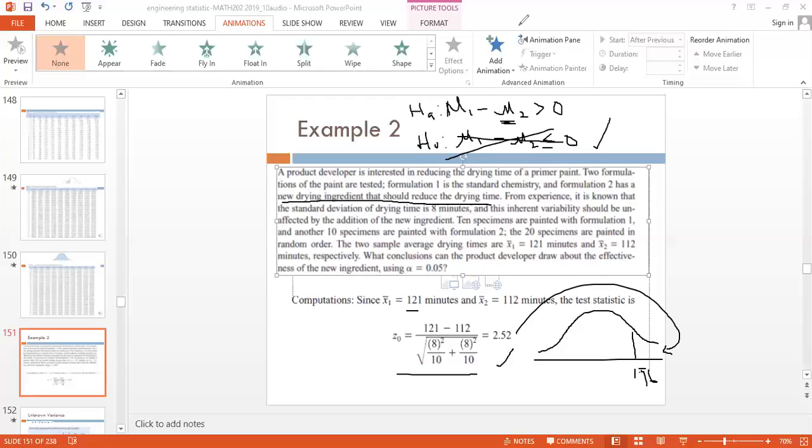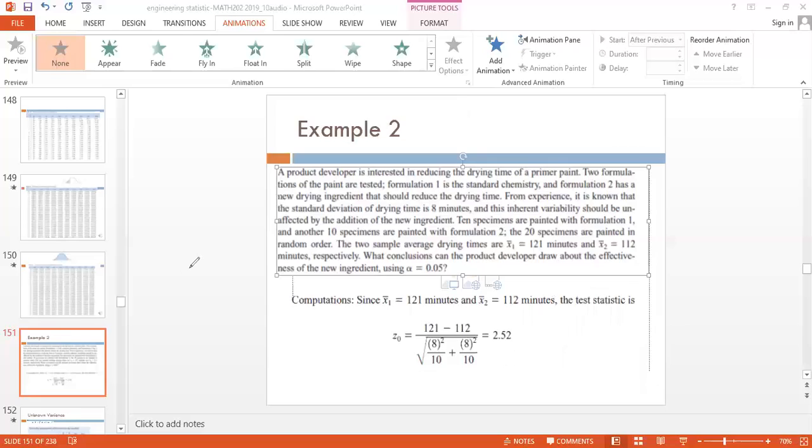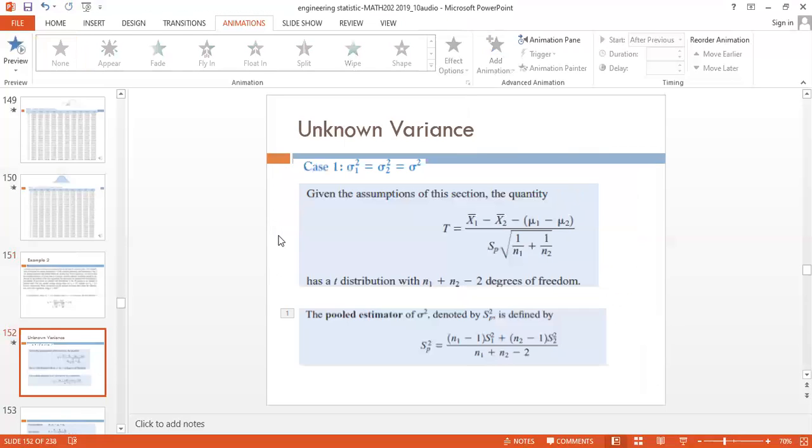Okay, now let's move on to the next condition. In the case where your population variance is unknown, or even the sample standard deviation is not provided, there are two cases.